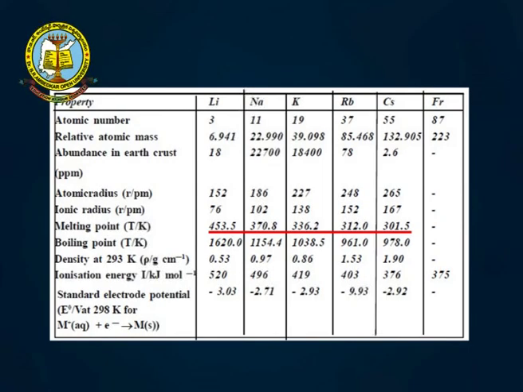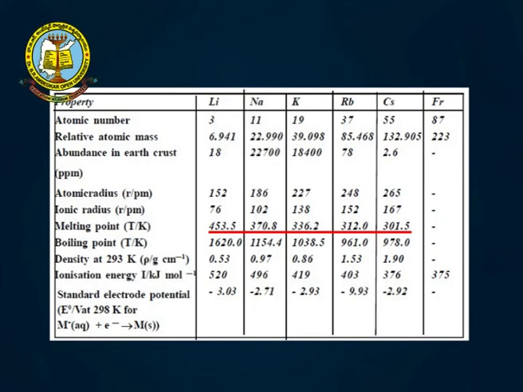Then the melting point. Generally you can observe that the melting points are decreasing, whereas the above properties increase from lithium to cesium, and the melting point decreases from lithium to cesium here. This property is observed due to the loose packing of the crystals. Lithium, sodium, potassium, rubidium, cesium and francium have body-centered cubic (BCC) crystals. In this crystal the packing is very loose, and the bonding between the atoms is weak.